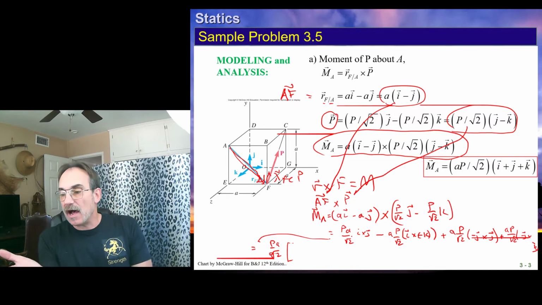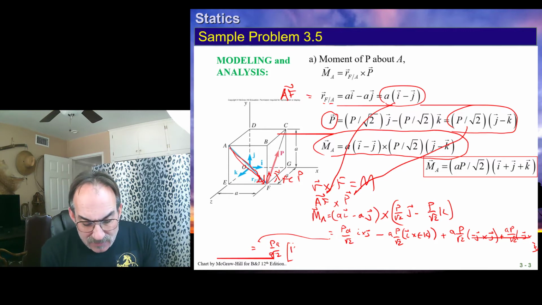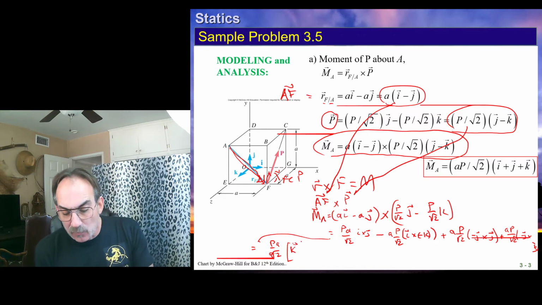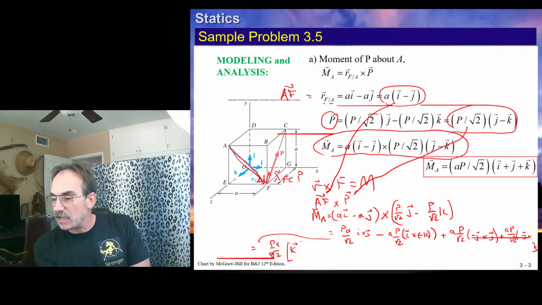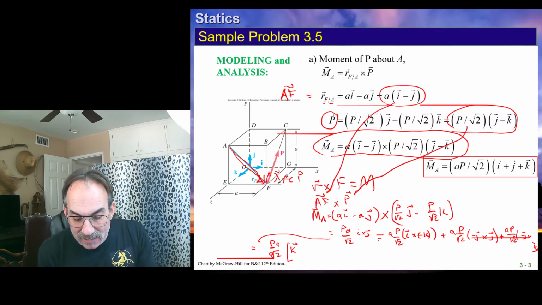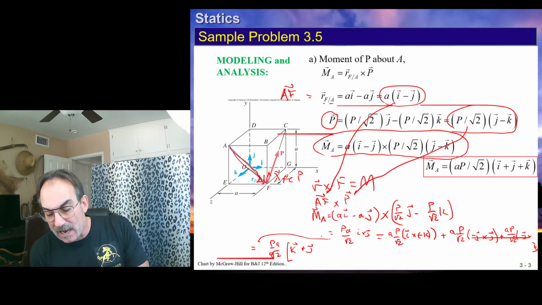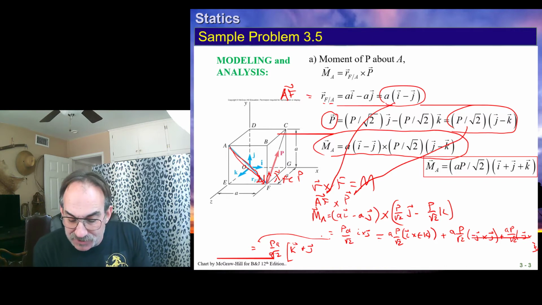So if we go from I cross J, that's going to give us positive K. Then our next one is I cross K, which is going to be negative J, and we have a negative sign out here, so it's going to be positive J. Then we're going to have negative J crossed with J, and that's going to give us a 0.